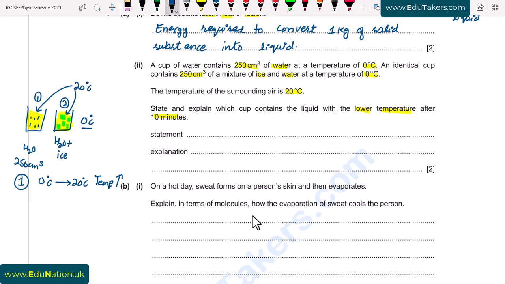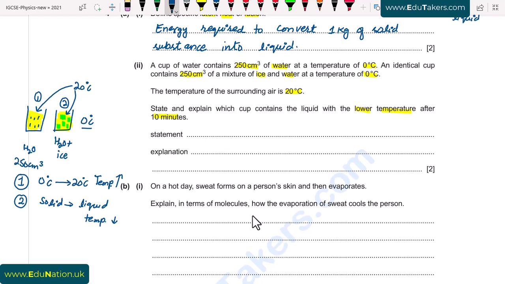So I write here, for second cup, there will be no increase in temperature because all the energy is used to convert solid into liquid. As a result, the temperature of this mixture remains low. Temperature does not increase. That's why the temperature increment for the first cup is more as compared to the second.